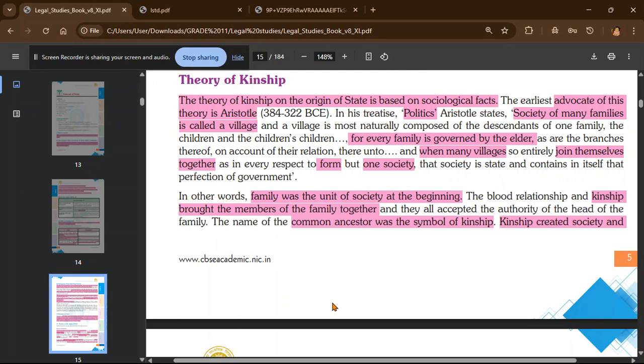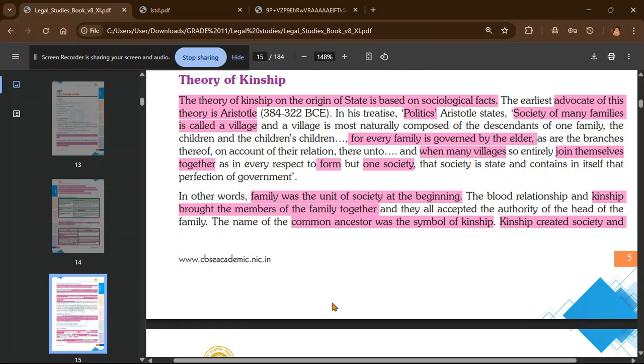His instructions are carried out throughout the family, and the heritage and traditions that he or she used to follow are also carried out throughout the family. So, when many villages join themselves together, they form one society.